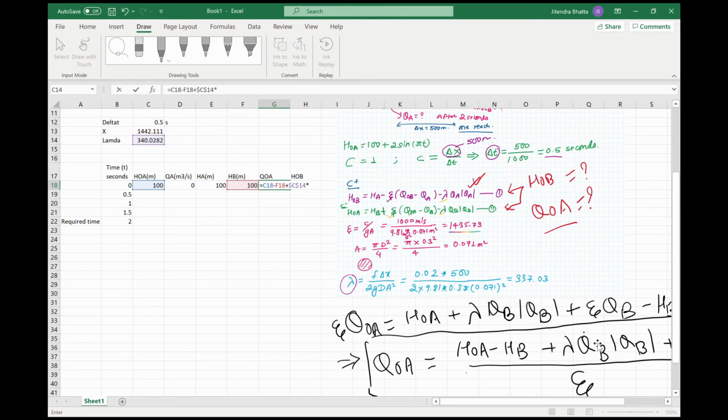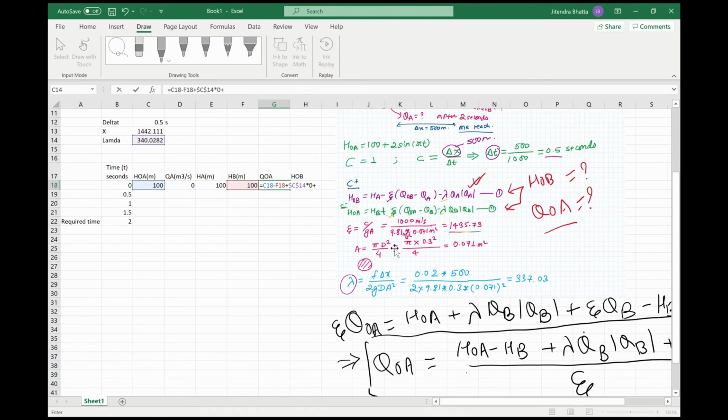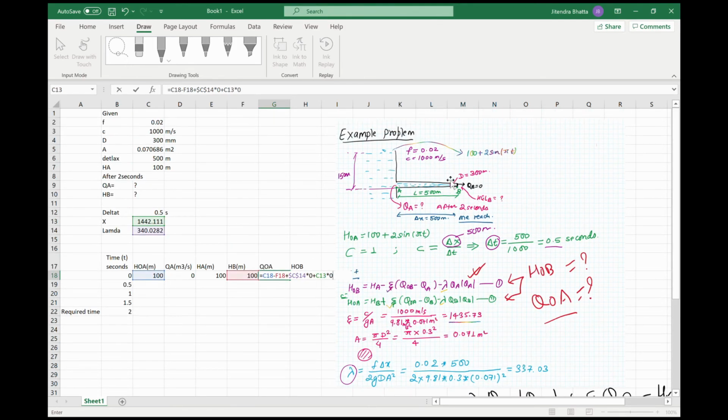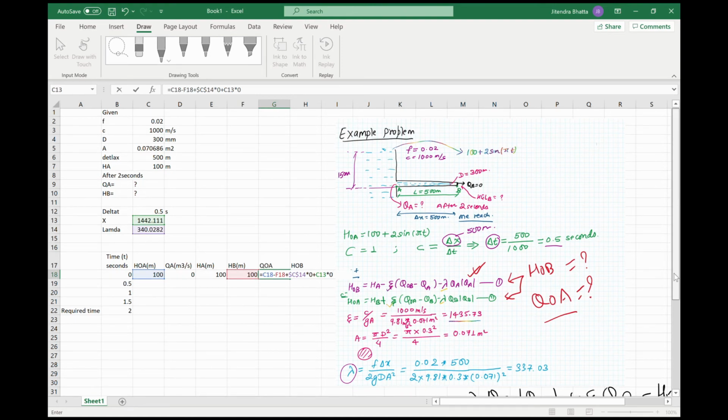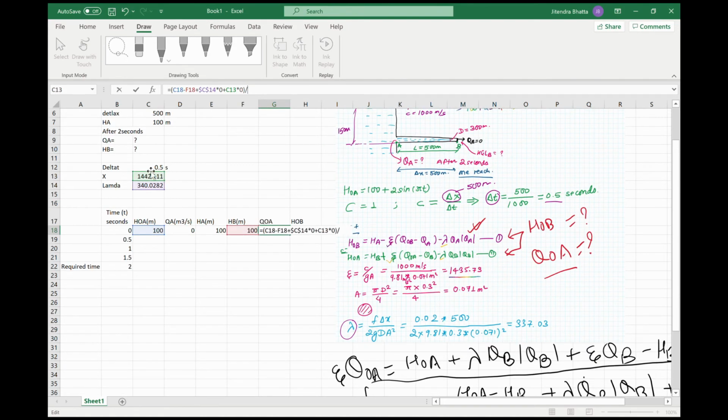QB is 0 all the time, so it will be 0, plus xi QB, which is xi into 0, because this pipe here is closed. Therefore your QB is always 0, and this all divided by xi. So this is our QOA.